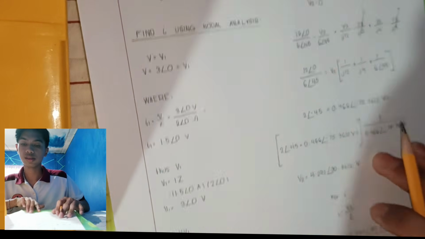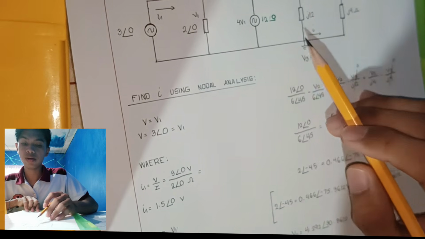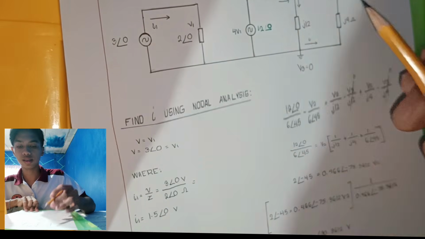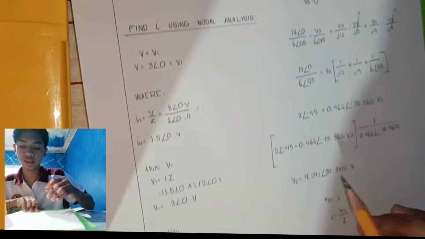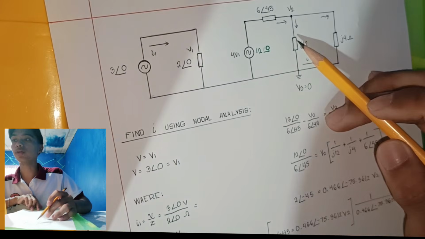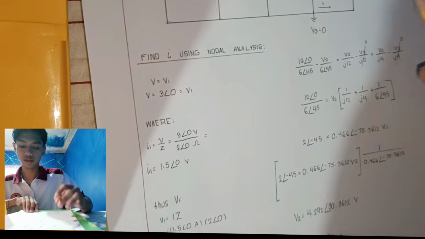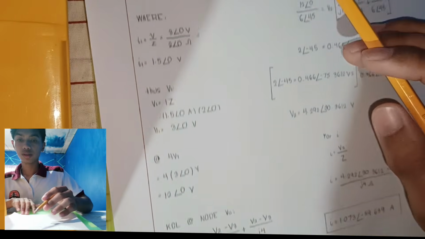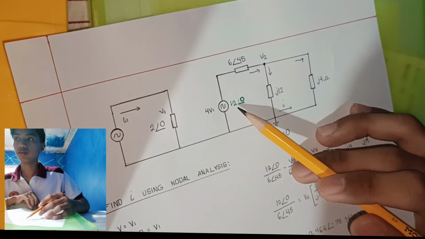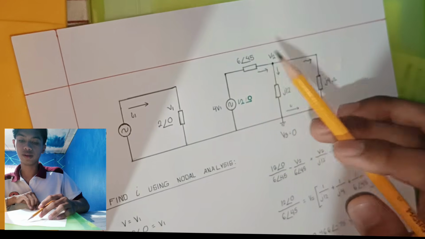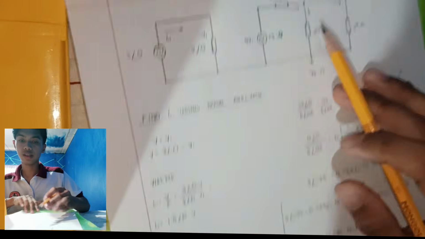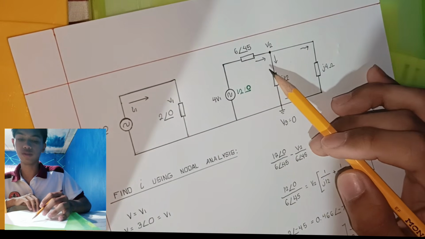Next, we will apply nodal analysis in this circuit, where we apply KCL at node V2. Here, 12 angle 0 minus V2 all over 6 angle 45, and we assume it is entering node V2.